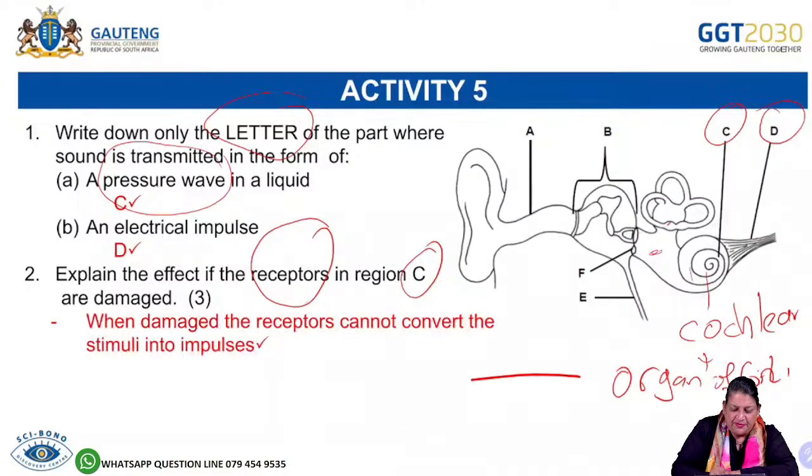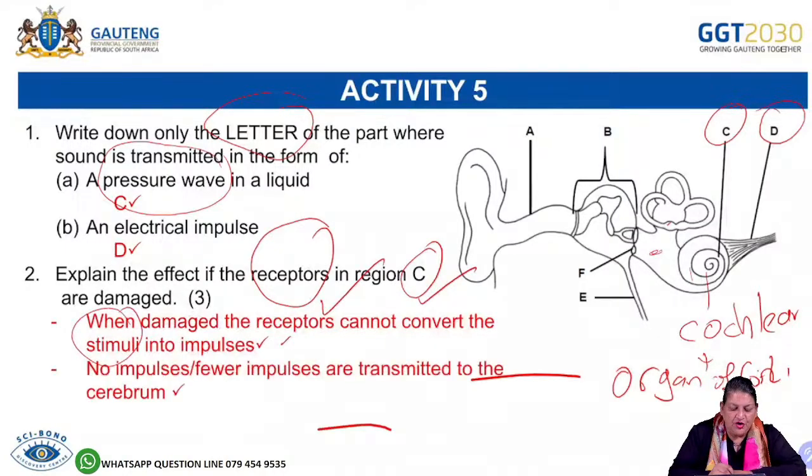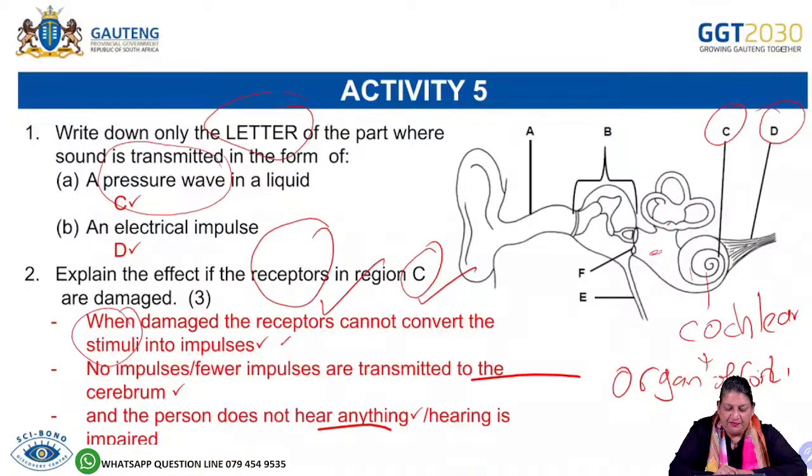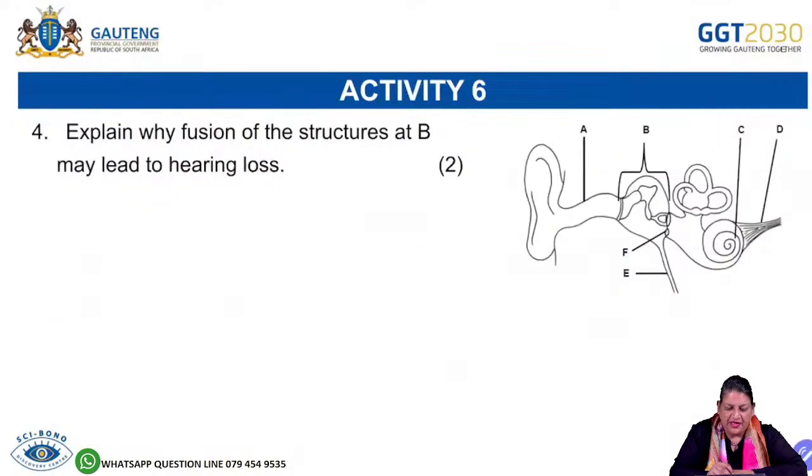See, when the receptors are damaged, it cannot convert the stimulus, the pressure wave, into an impulse, right? And then no impulse will be transmitted to the cerebrum because now there's no conversion. All right, let's go to the next slide, and the person will not be able to hear.